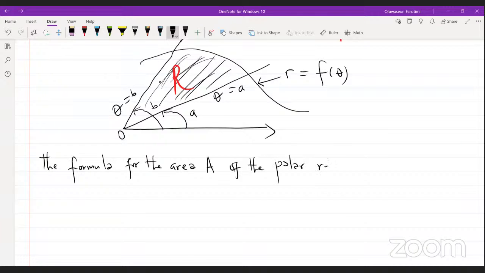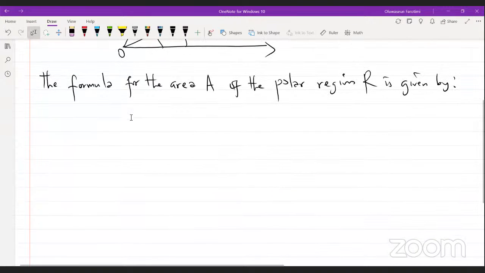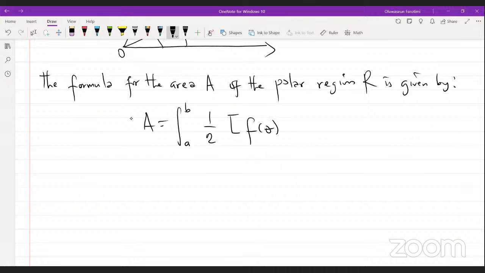So the formula for the area A of the polar region R is given by the integral from A to B, just like the area of a sector, of 1/2 f of theta squared d theta.